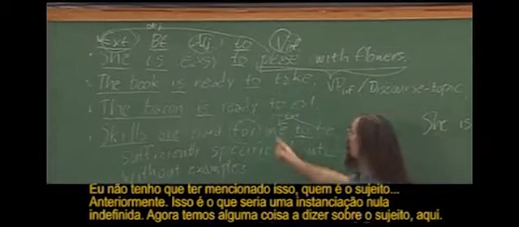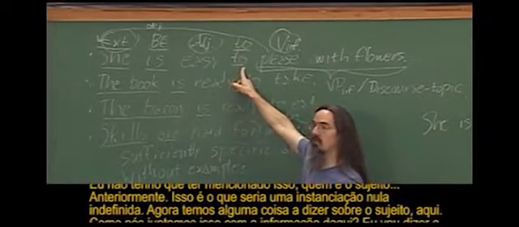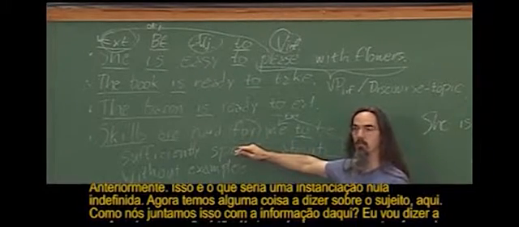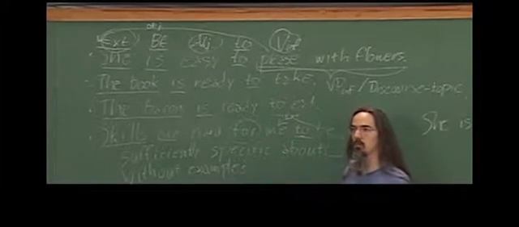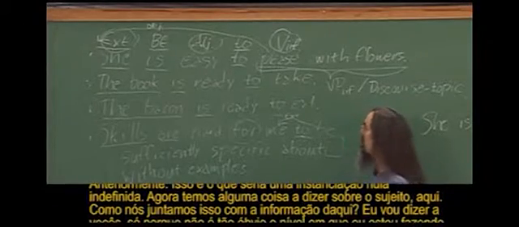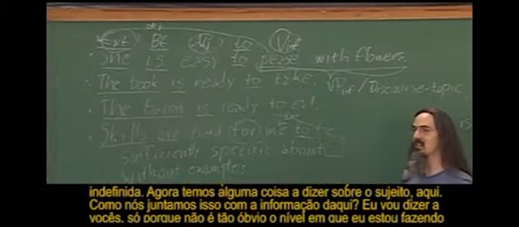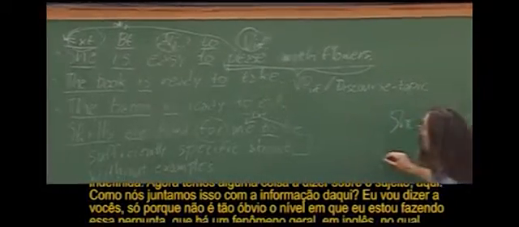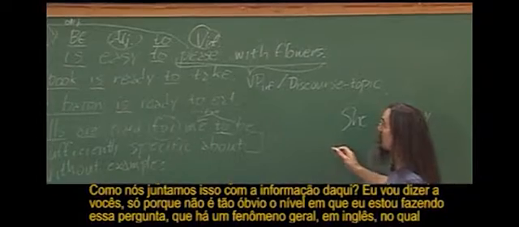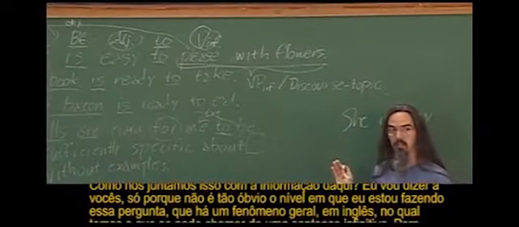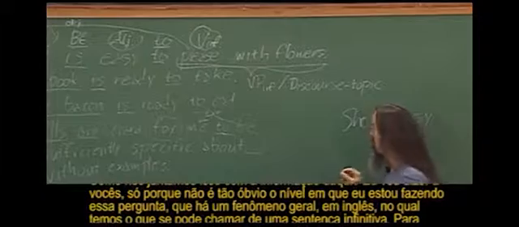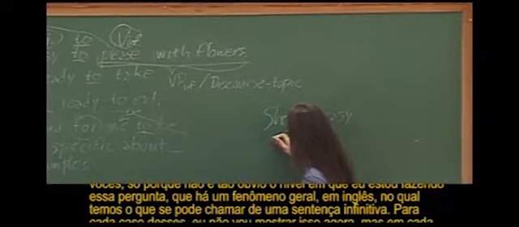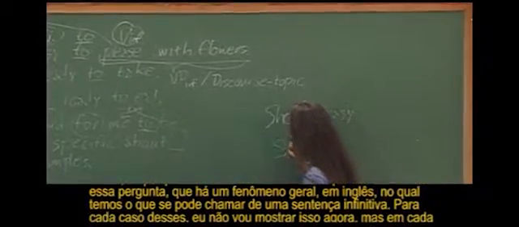So now we have something to say about the subject here. How do we put that together with the information here? I'll tell you, just because it's not obvious at what level I might be asking that question, that there is a general phenomenon in English where we have what you can call an infinitival sentence.